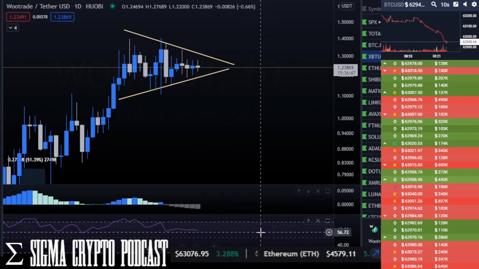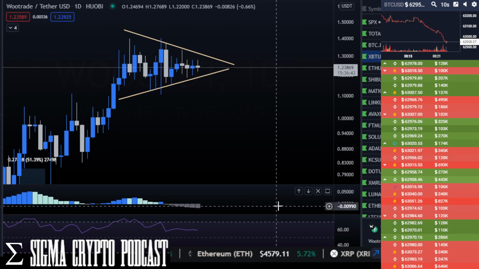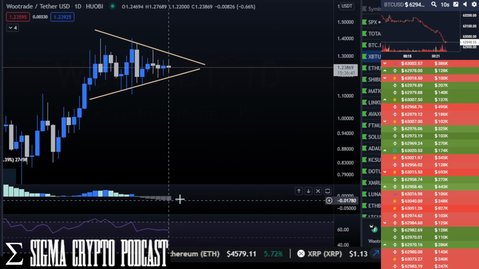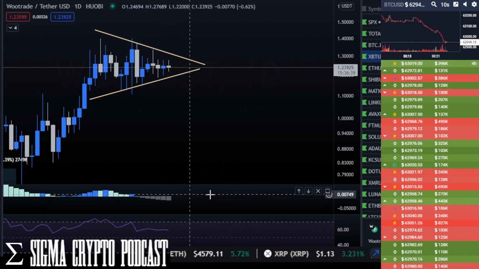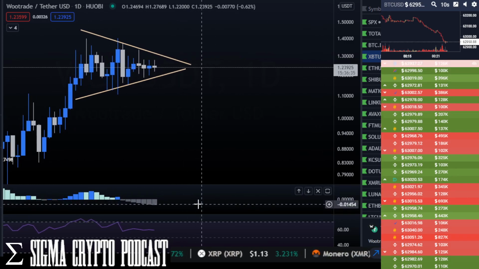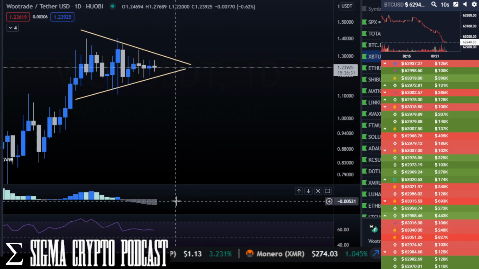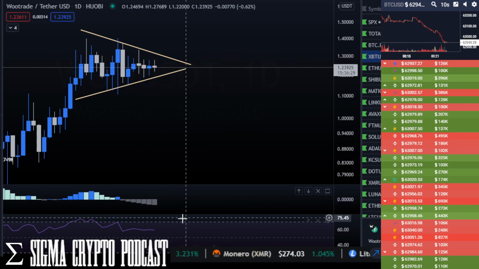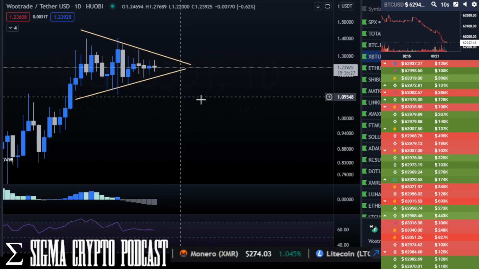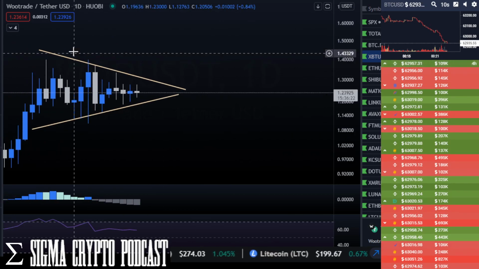If I were looking for an entry here, I would wait for the MACD to start waning in momentum. You want to see this MACD kind of cool off and start losing steam, and I might look to start scaling into a position there.